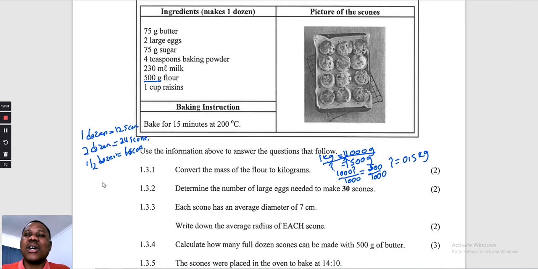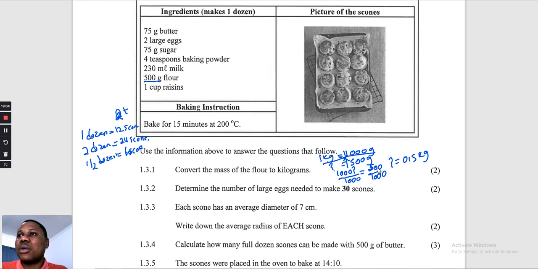So for us to make 12 scones, we need 2 eggs. For us to make another 12, we need 2 eggs.